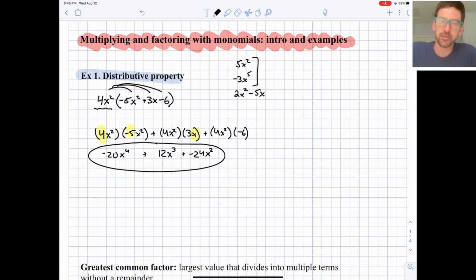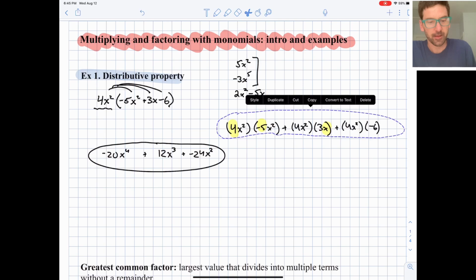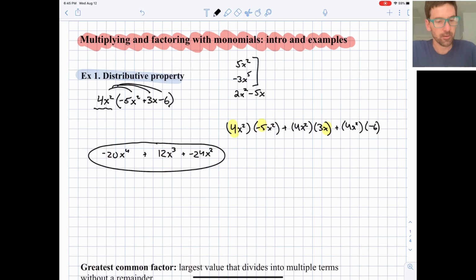So we've done the distributive property. So that was multiplication. Most of this video, and in fact most of the challenge of this unit, is going in the other direction. It's factoring, okay? So let me try to get something out of the way here and to try to model what exactly we're doing. Okay, so just now we went in that direction, we multiplied, okay?